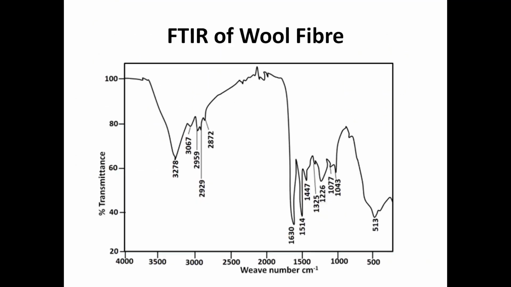So this is the FTIR of wool fiber. If you look at wool fiber, you will find various functional groups present there because 18 to 20 amino acids are present in wool fiber and generally 16 amino acids are present in silk fiber.